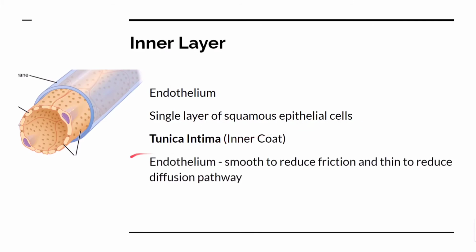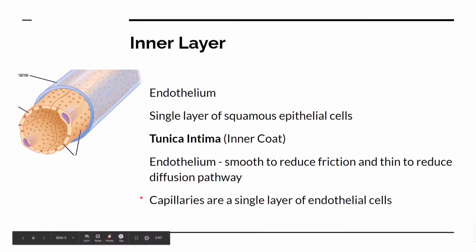This endothelium is really smooth to reduce the friction when the blood flows through, and it is very thin to reduce the diffusion pathway, and if we refer back to Fick's law, this means a faster rate of diffusion. Pointing out here, capillaries are just a single layer of endothelial cells, so capillaries are purely made up of this tunica intima, this endothelium layer.